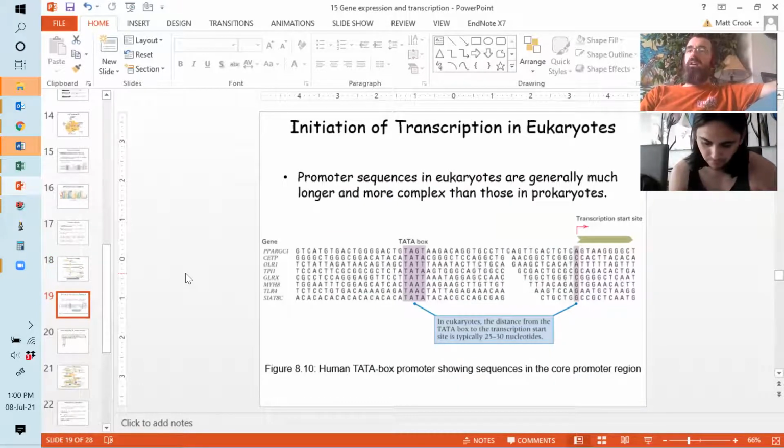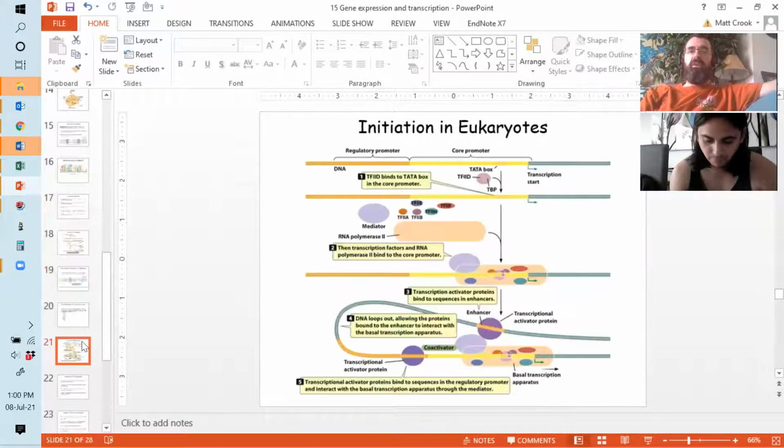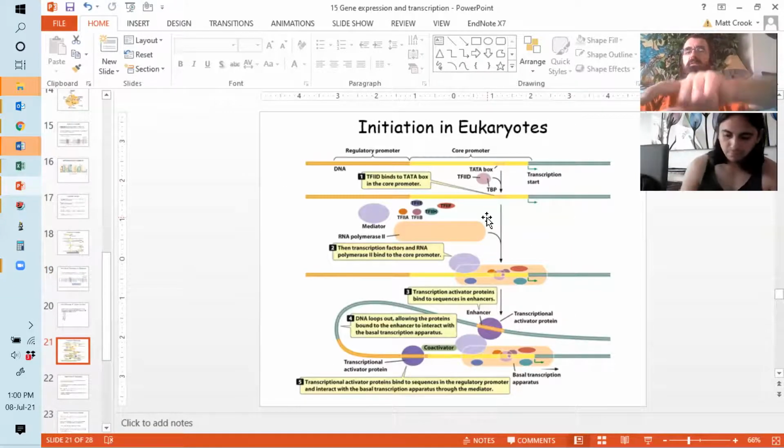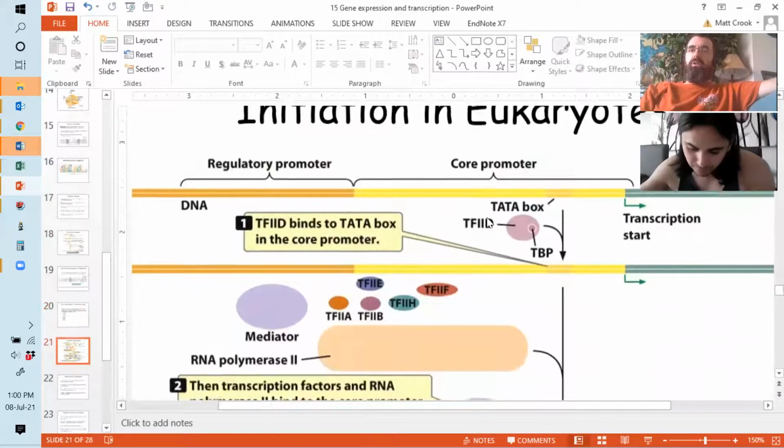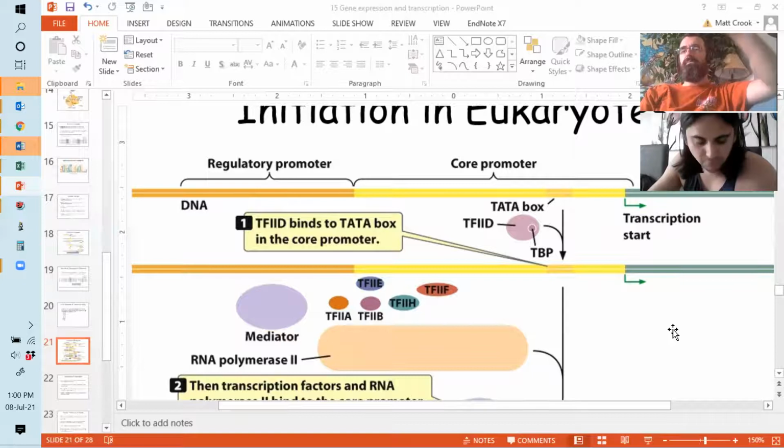So in eukaryotes, it's really not as well defined, right? Promoters are much, much bigger, and much more complex. And actually I'm going to very quickly use this diagram. In eukaryotes, we have now two types of, well, not two types of promoter, two parts of the promoter. We have what's called a core promoter.